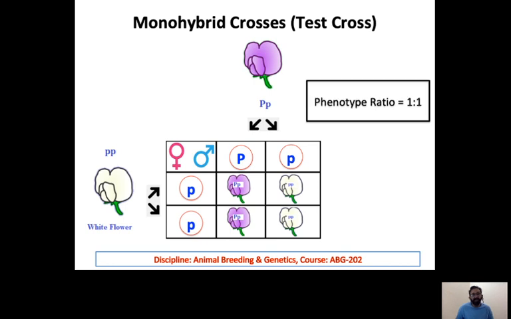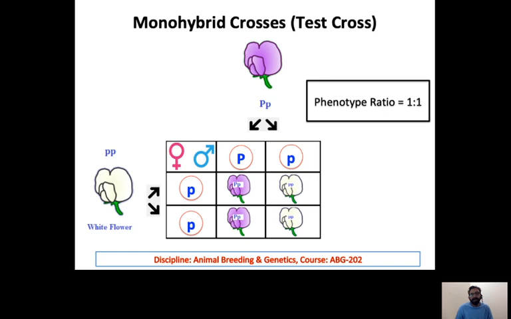So what we get is a phenotypic ratio of 1 to 1. That is the typical result of the test cross, that you will get a 1 to 1 ratio of the phenotype. That means the unknown individual basically was heterozygous. Suppose the unknown individual is dominant, both of the alleles dominant, then we will get only one phenotype, and that would be the colored one, because the dominant allele would be expressed and the recessive won't be expressed.